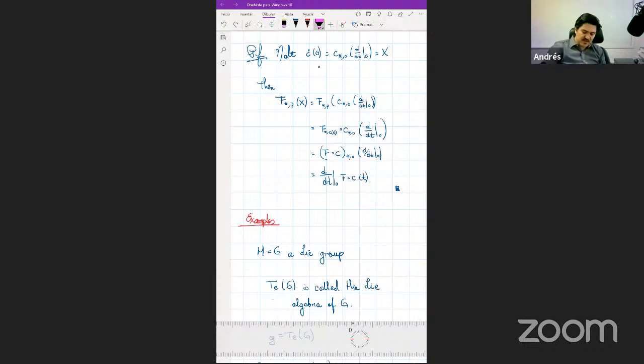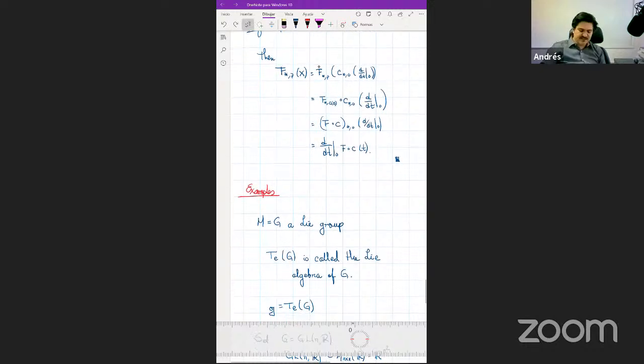The common notation of this is in the fraktur font. So this is the Lie algebra. It is a finite dimensional vector space, the tangent space.